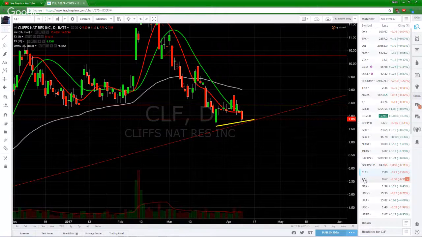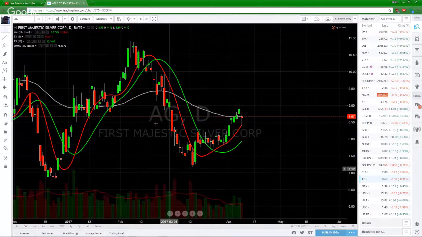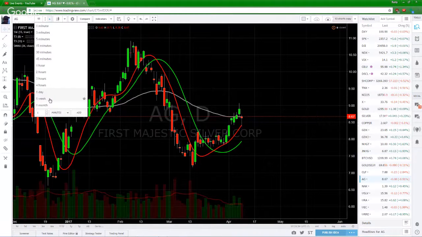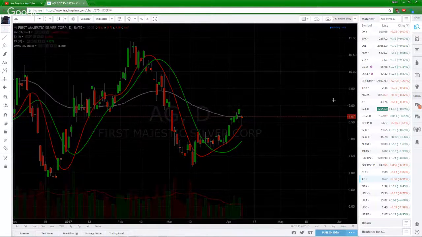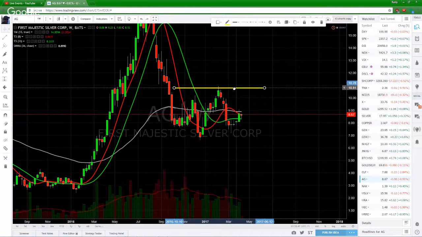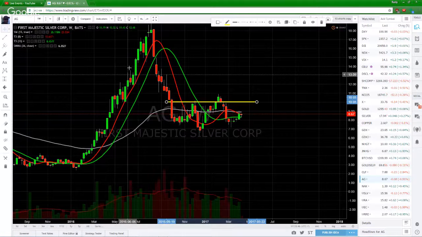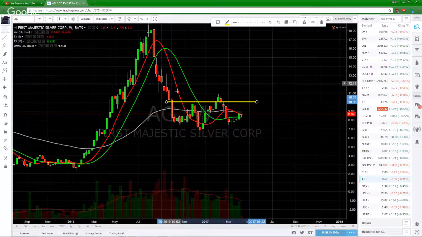AG. This was the best runner last time around, so let's keep a watch on this. And someone reiterated my analysis. As this ran so much, came down into support.